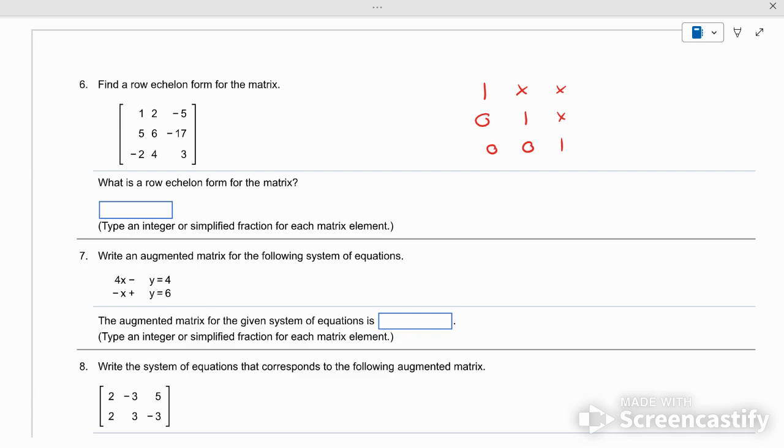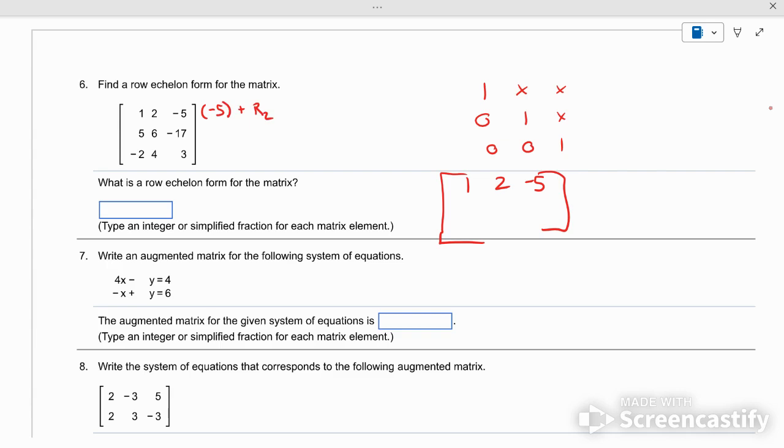Okay? So, the top row is done. The top row is already done. It's 1, 2, -5. The second row, how do I get 0 in the second row? Well, I take the top row times -5 and add it to row 2.